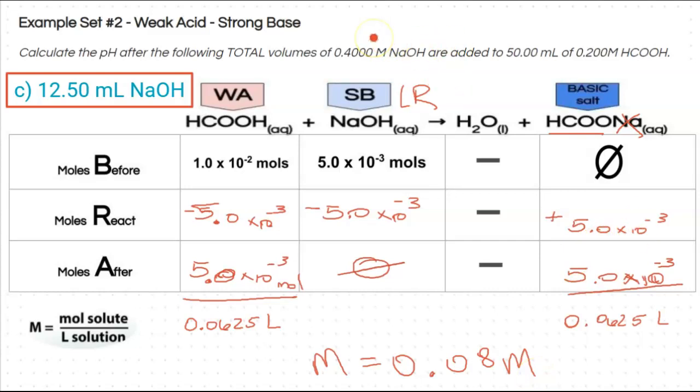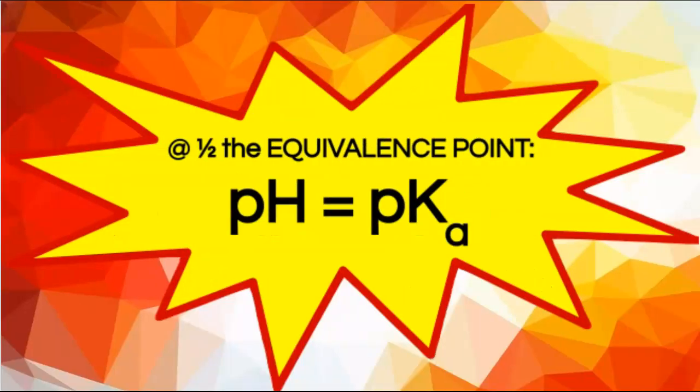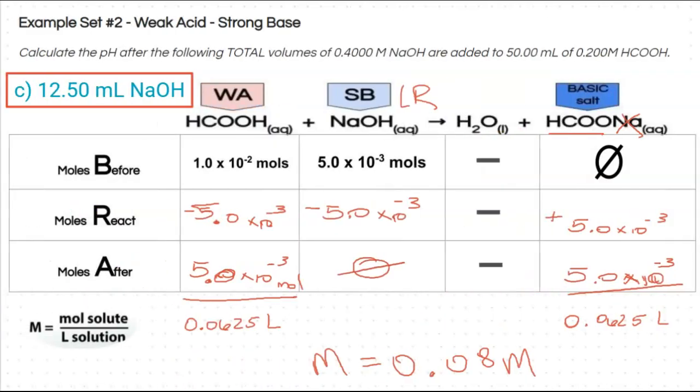You can plug that into an ice chart. Okay? You can plug it into Henderson-Hasselbalch, but we have reached the half equivalence point. Half equivalence is when you've used up half of your moles of acid or base. When I look at this point in our titration, I have used up half of the acid I had.